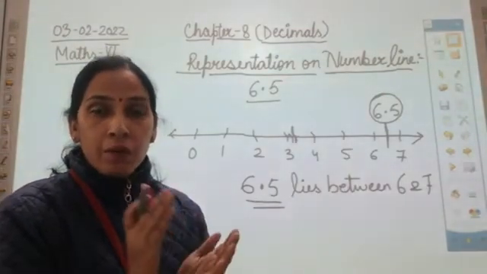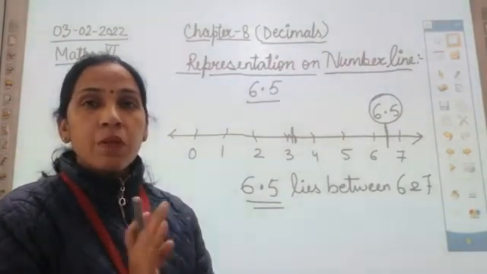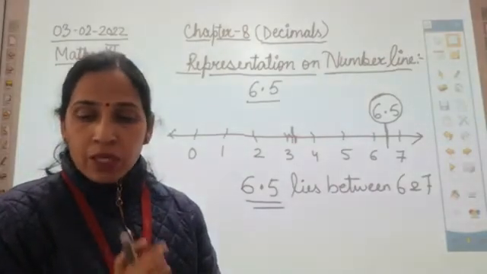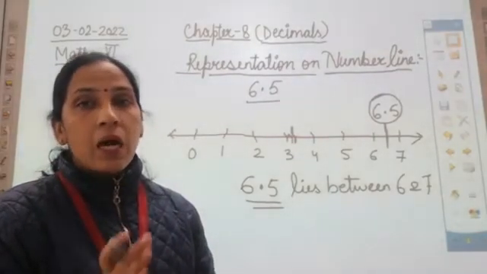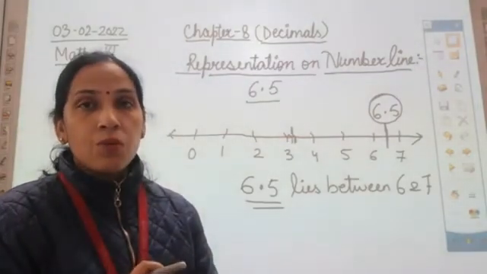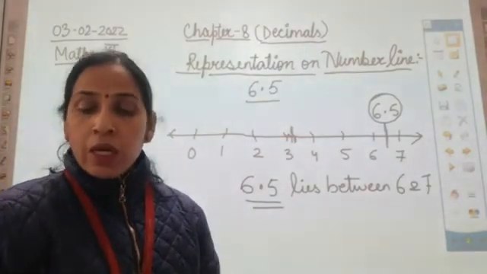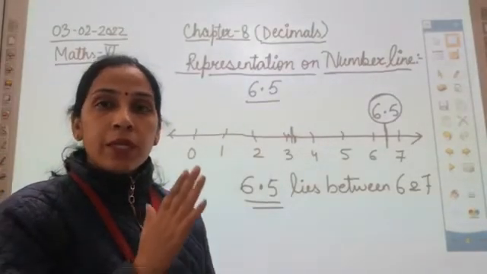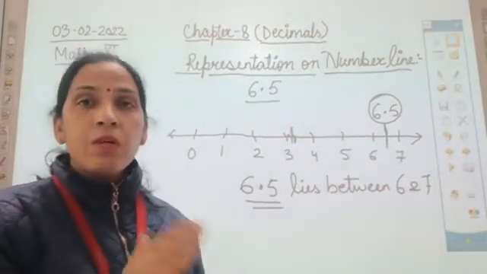So whatever millimeters are given to you will be divided by 10. Once it is divided by 10, the decimal answer you get is in centimeters.